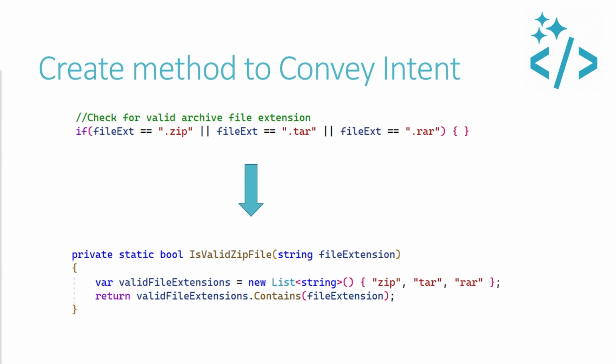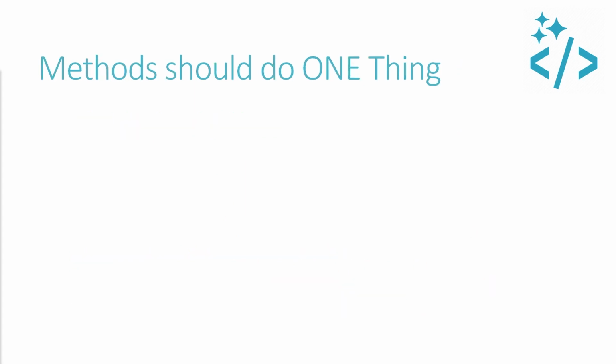So instead of checking for these strings here, we can have a method that just gets the file extension as an input and returns true or false if it is valid or not. Good.